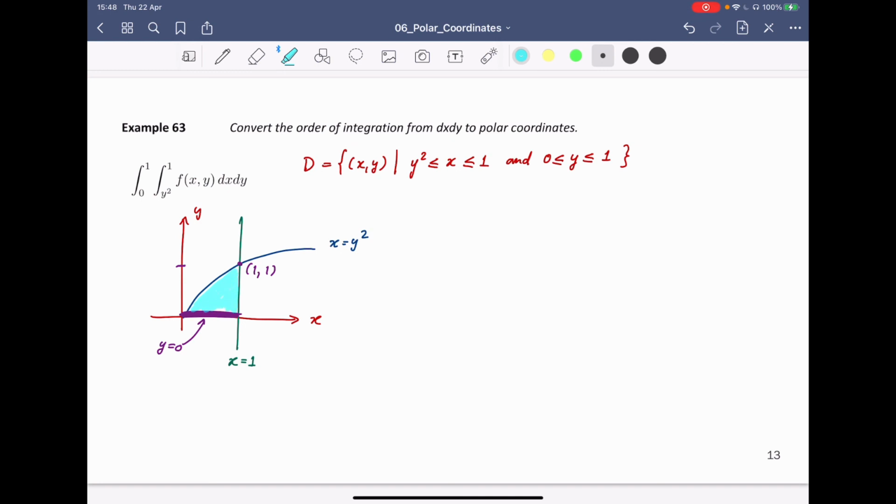Sounds good. Well, you can double check this is correct because, if you want to do the integration, the x first, so that means you're gonna draw a horizontal line, and you can see that every time you start from x equal to y squared to x equal to 1, and then your y value is gonna start from 0 to 1.